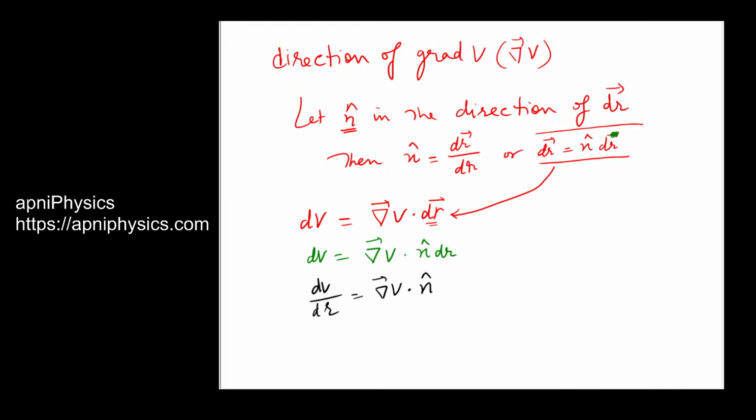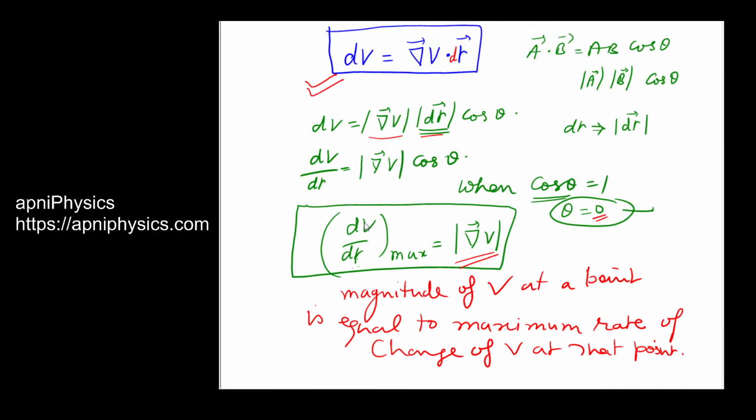In this equation you have seen that this dV upon dr is maximum when theta is equal to 0.